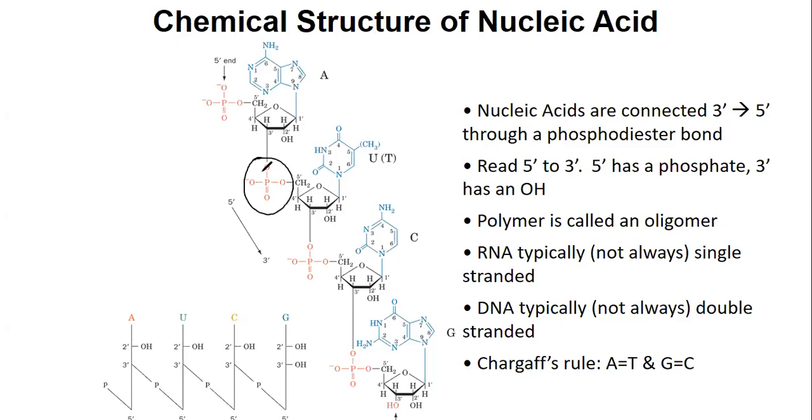They're connected through this phosphate. So every time you have a nucleotide, you have a phosphate that connects the 3' and 5' carbons. Phosphates are negatively charged, so that's why DNA is incredibly negatively charged. Excuse me, the whole backbone is negative.